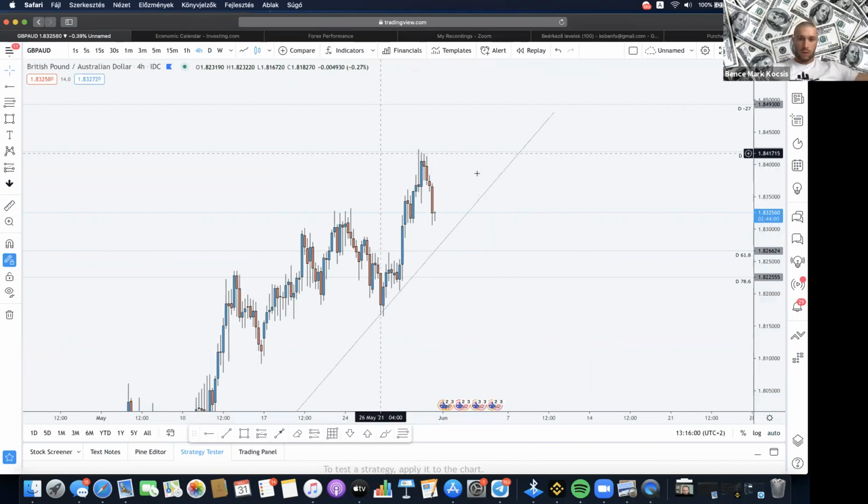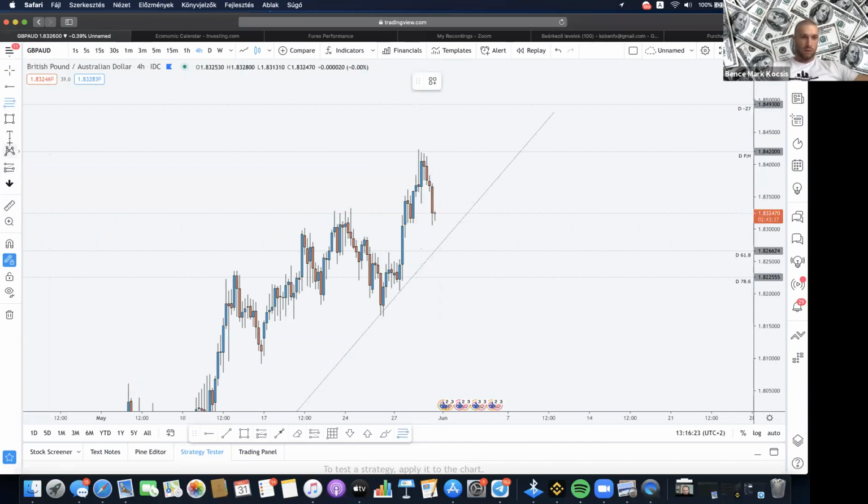And now basically we can see the price. We have low, high, higher low, higher high, higher low, higher high, higher low, higher high, and after it made the break of structure here. So basically the trend has shifted from bullish to bearish, and we can expect the pullback to the downside.